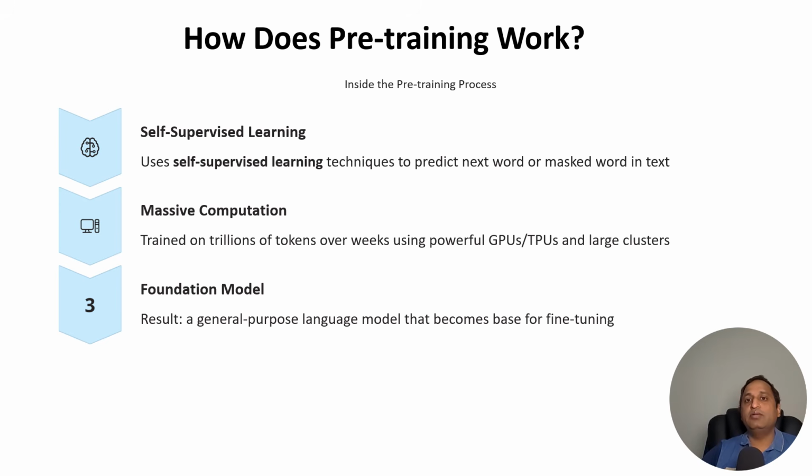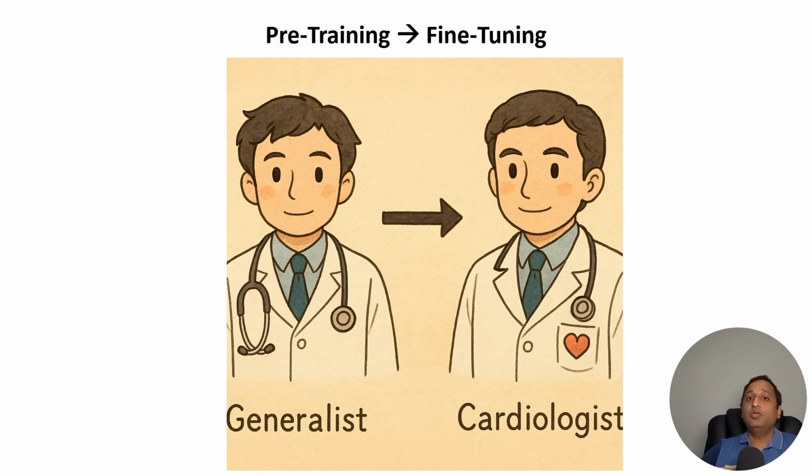It is like a college grad who is ready for a job, and now we can teach them your company's job. Now we go from pre-training to fine-tuning. This is like a generalist doctor becoming a specialist like a cardiologist. We'll see the process of actually turning this pre-trained model into a fine-tuned model.